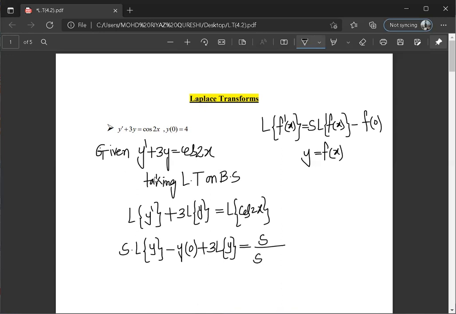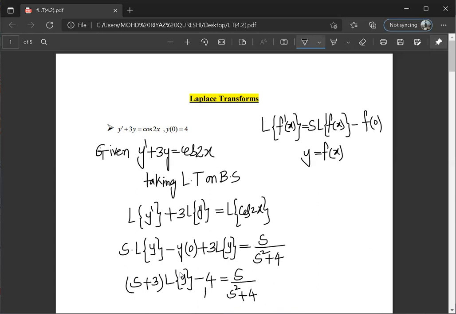It should be s over s square plus 4. L of y, can we take common from the first and the last term? So what is left over is s plus 3 times L of y, minus y of 0, which in our question is given as 4, is equal to s over s square plus 4.